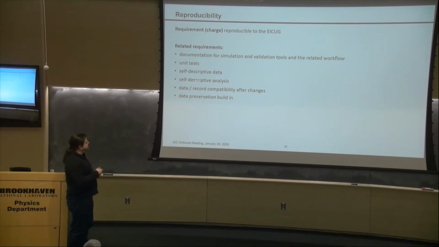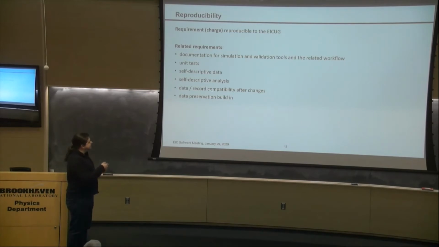Part of the discussion was also, if we have data and the framework changes over time, particularly at a stage like this, how do we ensure that the data and its records are compatible after changes? So it would be good if, at the end of the reports, we have some results that we can still reproduce in 2 years, and can still read the data files.